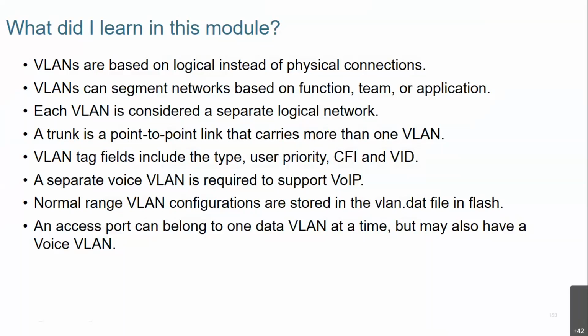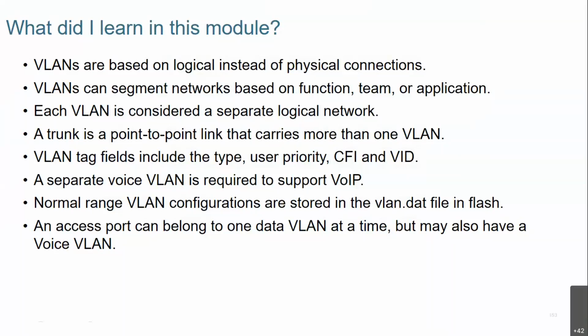A trunk is a point-to-point link that carries more than one VLAN. When you have different physical locations and you want the same VLAN to talk, like devices on VLAN 10 at level 3 and devices on VLAN 10 at level 2, you need a trunk so traffic can move from physical level 3 to level 2.